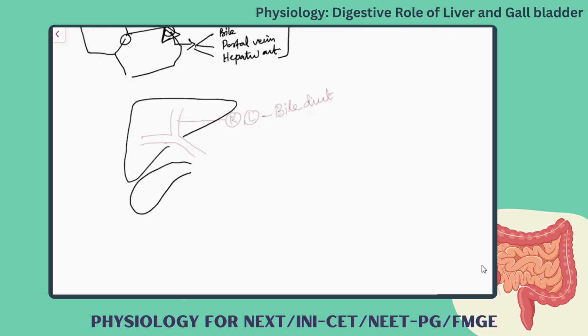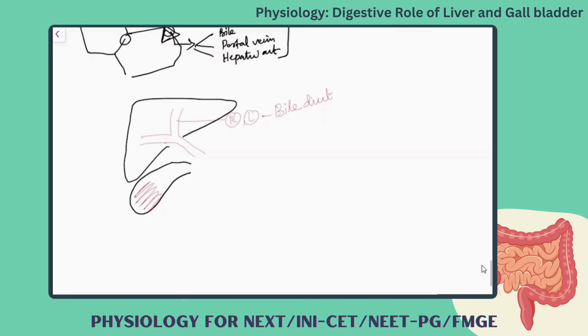Whatever bile is synthesized in the liver is stored in the gallbladder. The gallbladder is not synthesizing the bile. It is just the storage bag. That is why in case of gallstones, even if you remove the gallbladder, the person has no abnormality in digestion, because the gallbladder is only a storage bag.